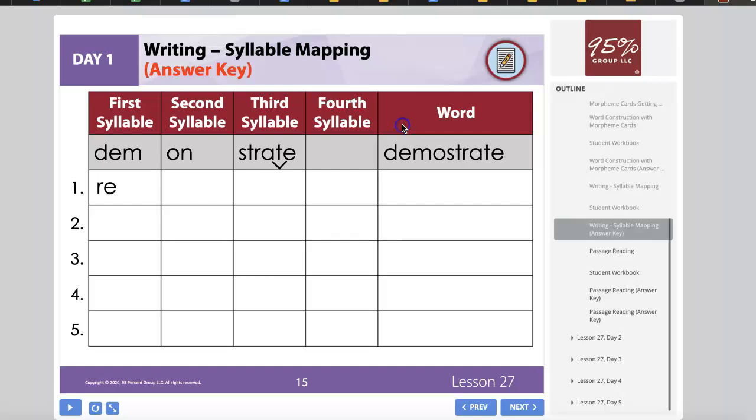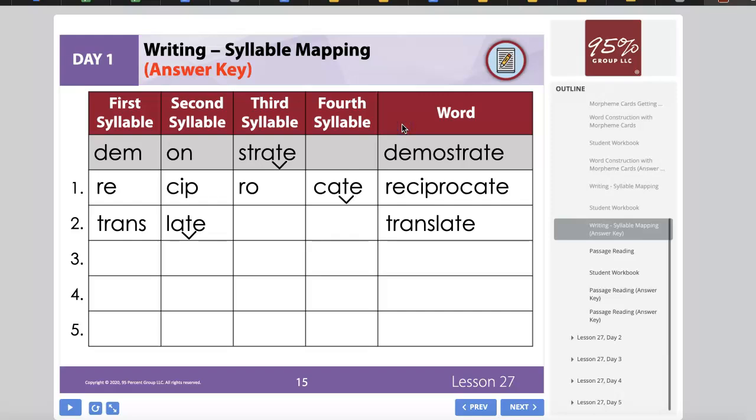Here we go. Everyone say reciprocate. Clap it. Reciprocate. What was the word? Reciprocate. All right. Everyone say translate. Clap it. Translate. First syllable. Second. What's the word? Everyone say placement.